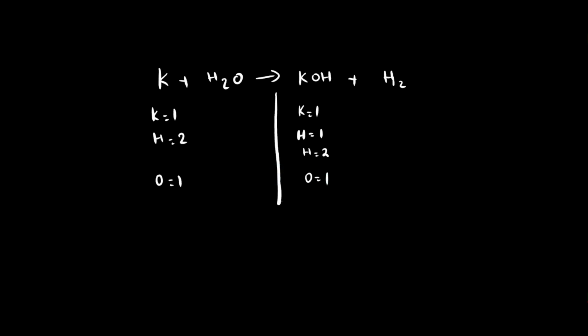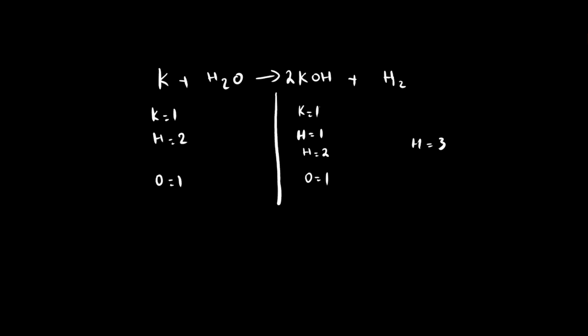So what we need to balance first is the hydrogen. Total, we have 3 hydrogen. So the way we're going to balance the hydrogen is, let's think, what number can we make the hydrogen total on the right hand side that is going to be compatible or divisible by 2. So let's say we introduce a 2 in front of the potassium hydroxide.